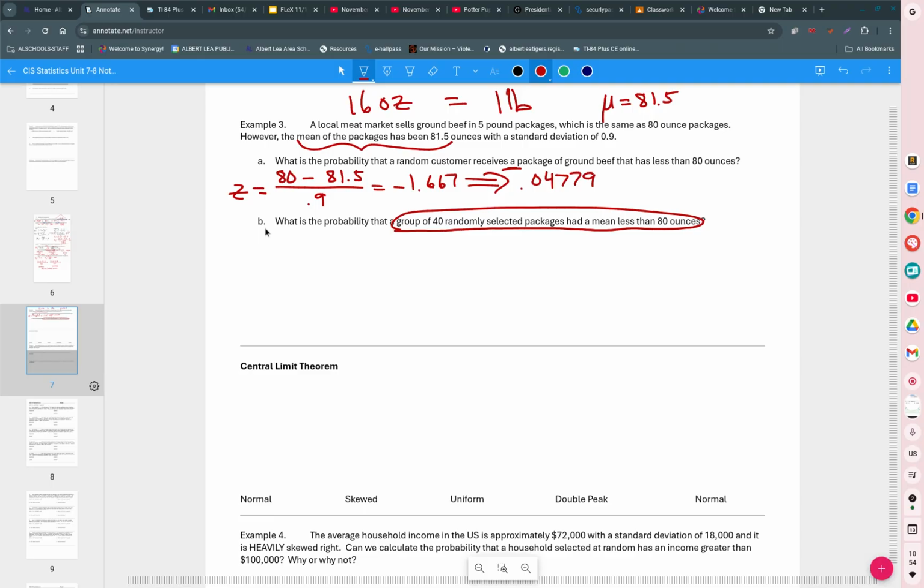And then it's 80 minus 80, 40, 0.9. Yes. Yep. Okay.